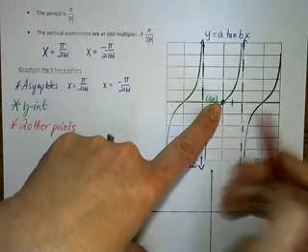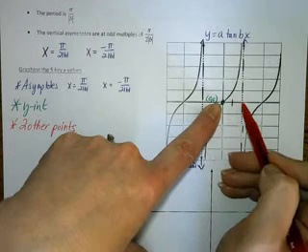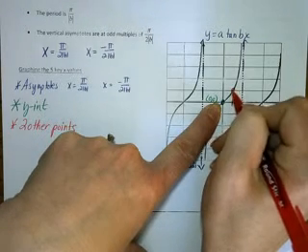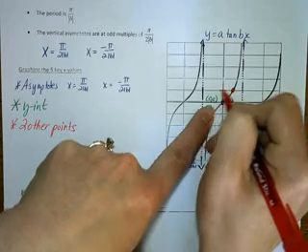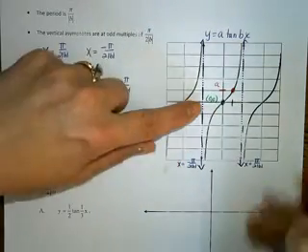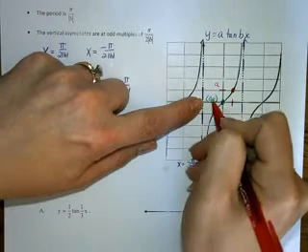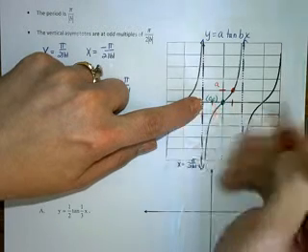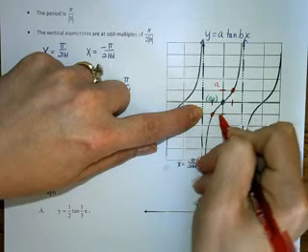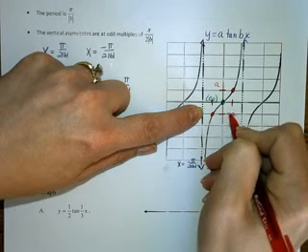Because when I go halfway in between 0, 0 and my asymptote, I'm actually up a value. If I find that point, I'm up a value of A. And over here, if I go halfway between 0, 0 and my asymptote, when I go down, I'm actually at a value of negative A.